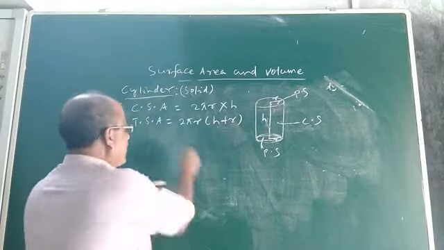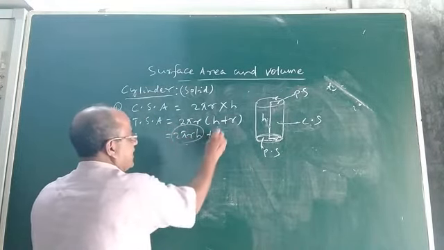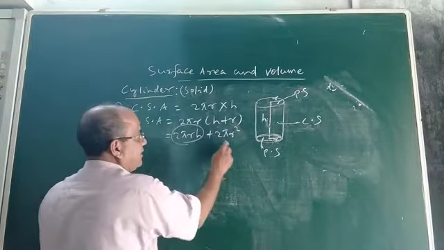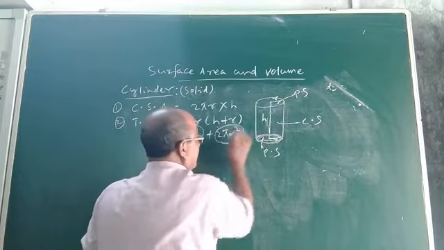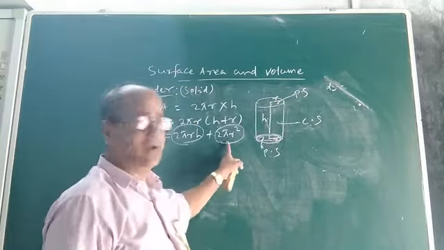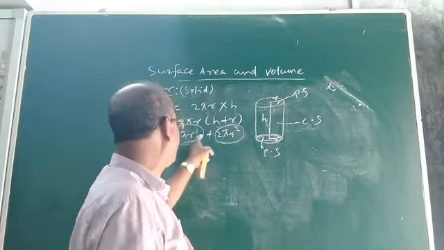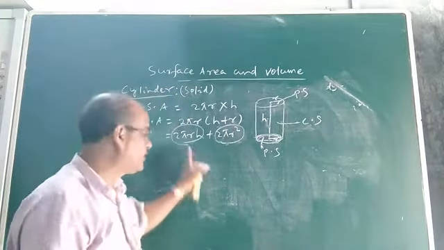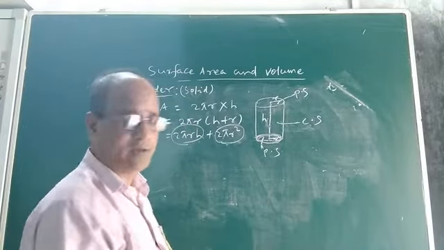Or you can say 2 pi rh, the curved surface area, plus 2 pi r square, the area of the base and the top combined. So 2 pi r (h plus r) or 2 pi rh plus 2 pi r square will be the total surface area of the right circular cylinder or solid cylinder.